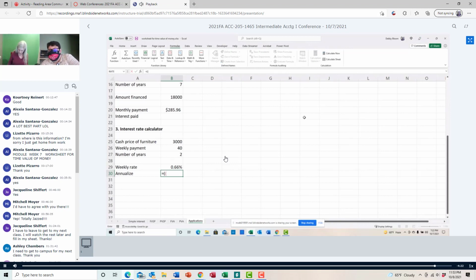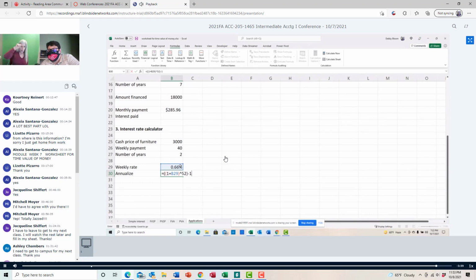I'm going to take 1 plus the weekly rate, close my parentheses, take it to the power of 52, which is the number of weeks in 1 year. I'm going to get that answer and then subtract the number 1.